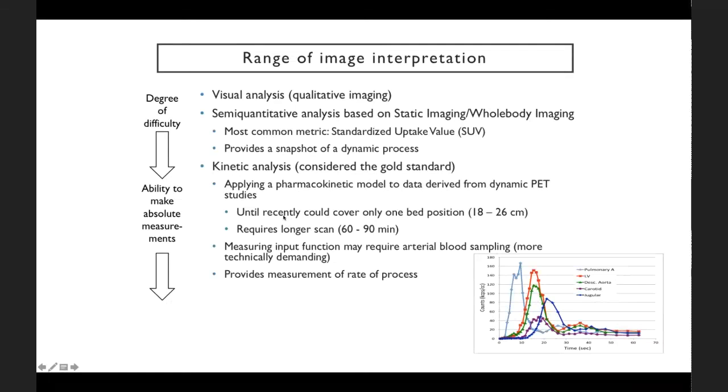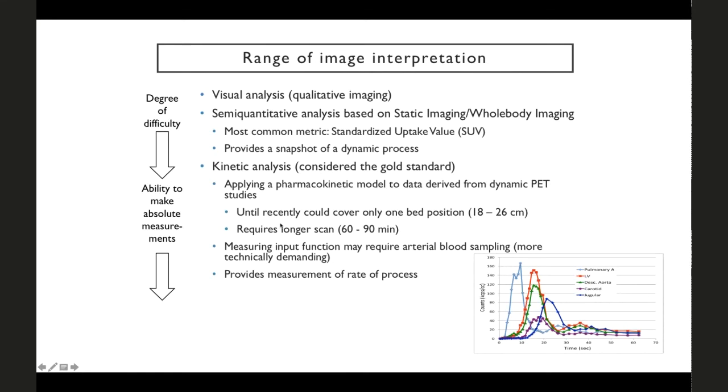One of the limitations of this system until recently was that you could only apply it to one position of the bed, and since the axial field of view of scanners is in the range of 18 to 26 centimeters, that was the only fraction of the patient that you could do this analysis for.